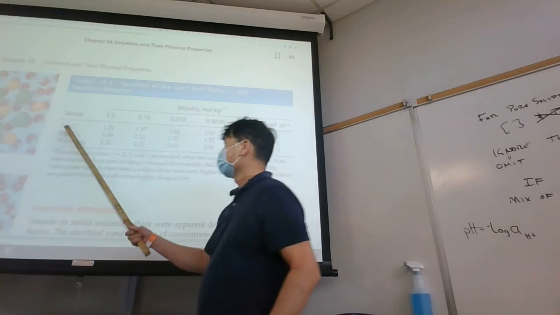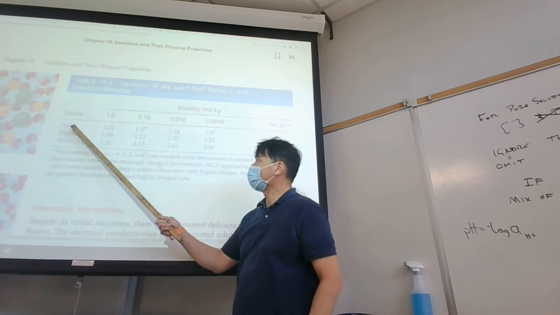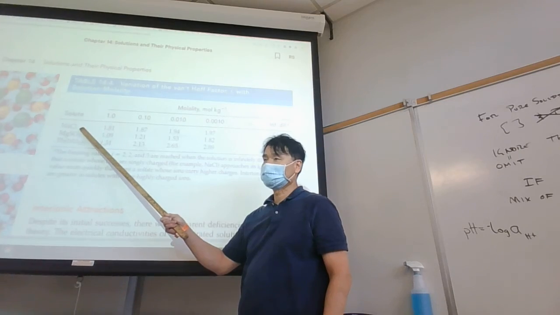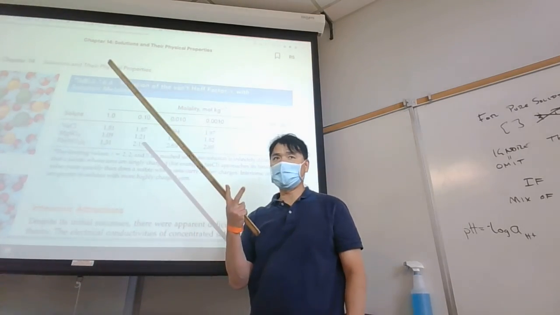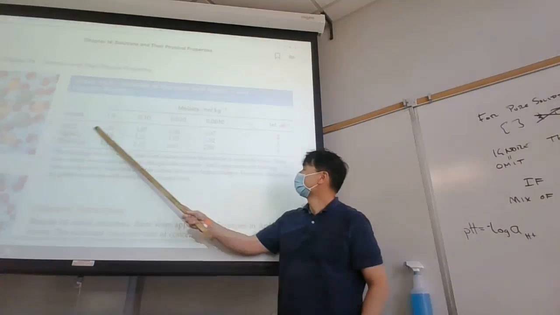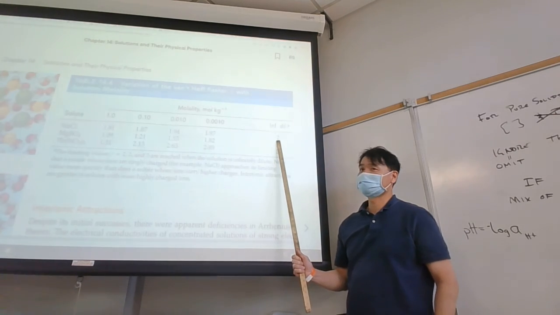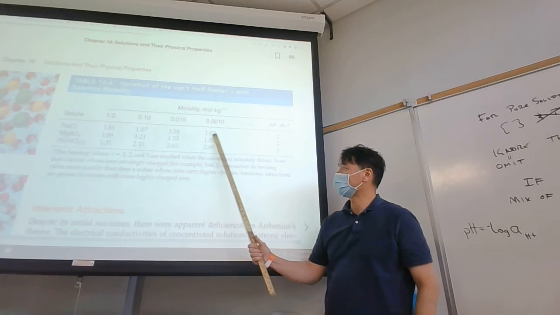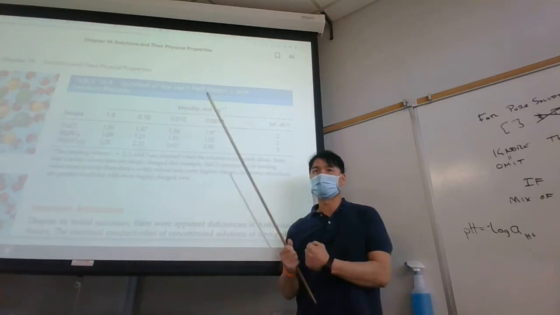So if I have sodium chloride, when you dissolve this in water, it should split up into sodium ions and chloride ions. So it should split up into 2 ions. What we see here is when it's very dilute, it does. This is infinite dilution. But as the solution becomes more and more concentrated, it doesn't quite split apart.